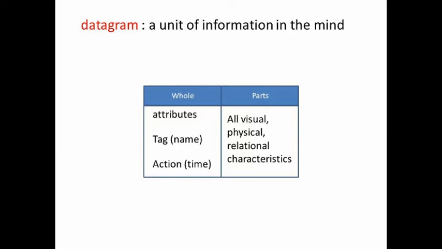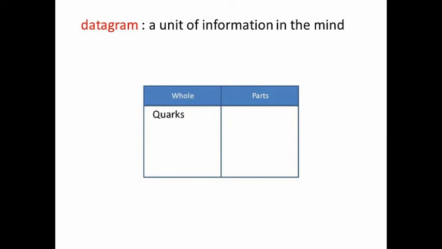And also relational characteristics between parts. It goes in that side. So the minimum thing we have is quarks, which on the right side also I should write quarks really. Although there is nothing on the right side, we have to put something always.